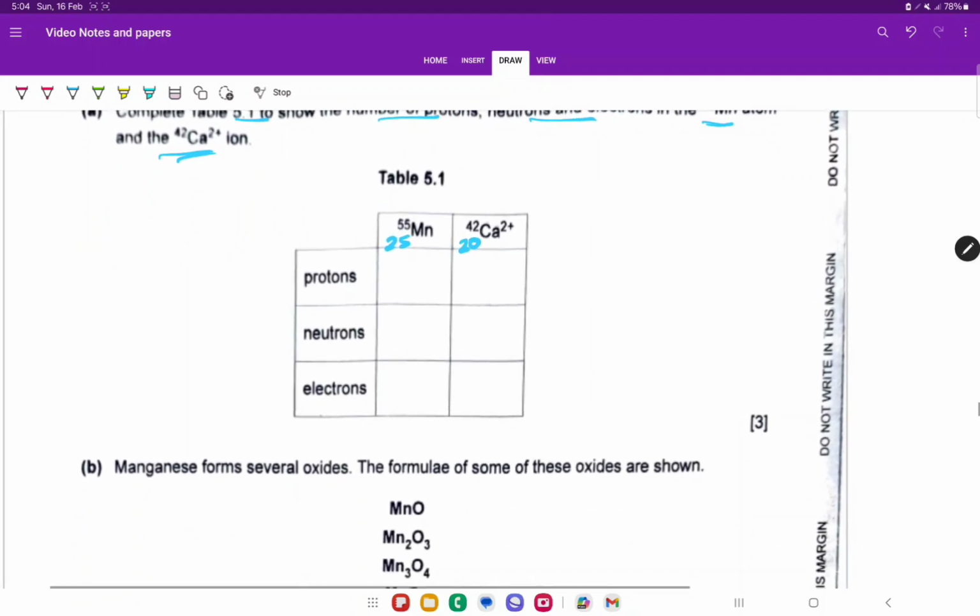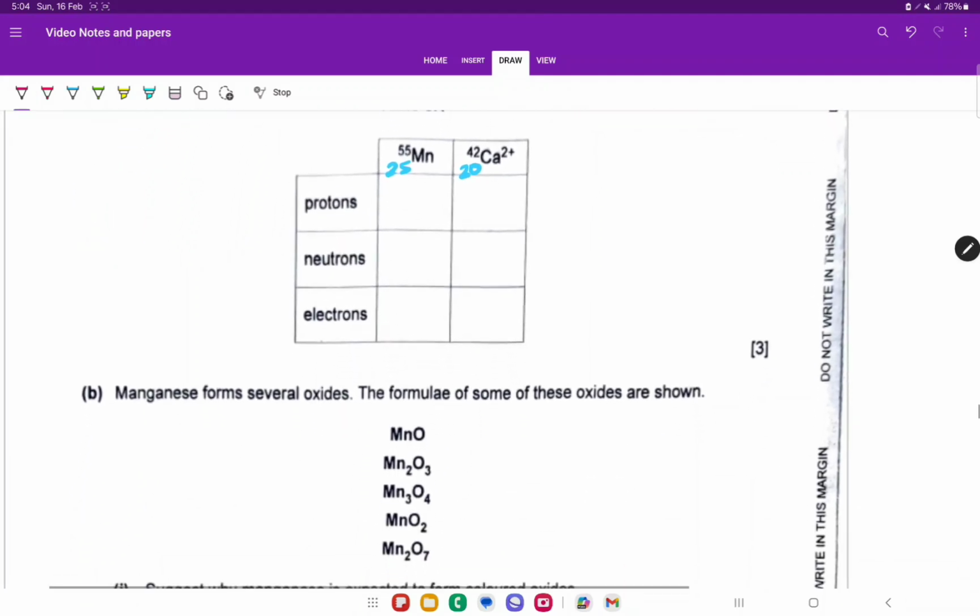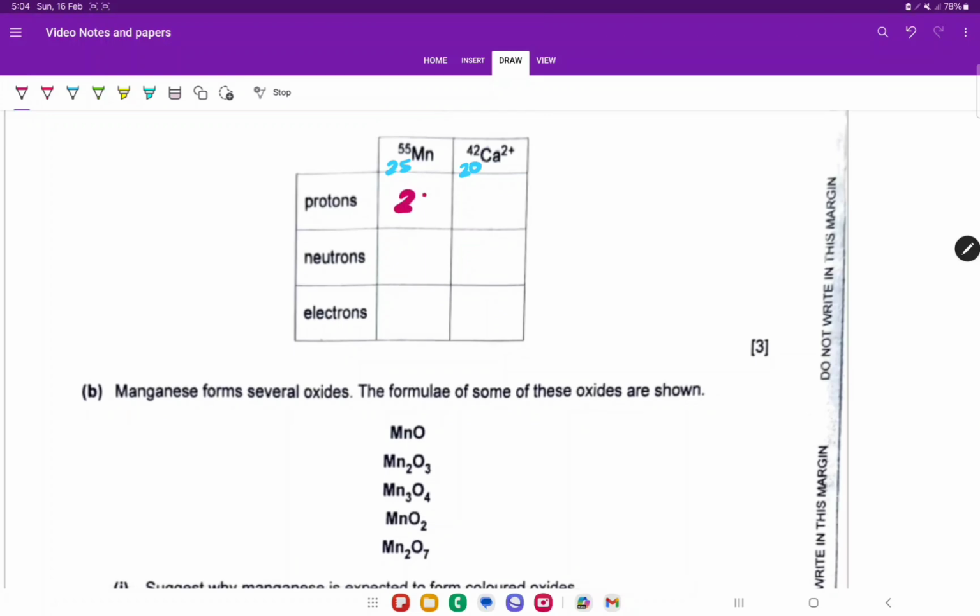Now protons is equal to the atomic number. Protons in an element is equal to atomic number. Therefore, Mn will have 25 protons and calcium will have 20 protons. Neutrons is equal to the mass number minus atomic number. Mass number is 55, 55 minus 25 gives the number of neutrons, that is 30.